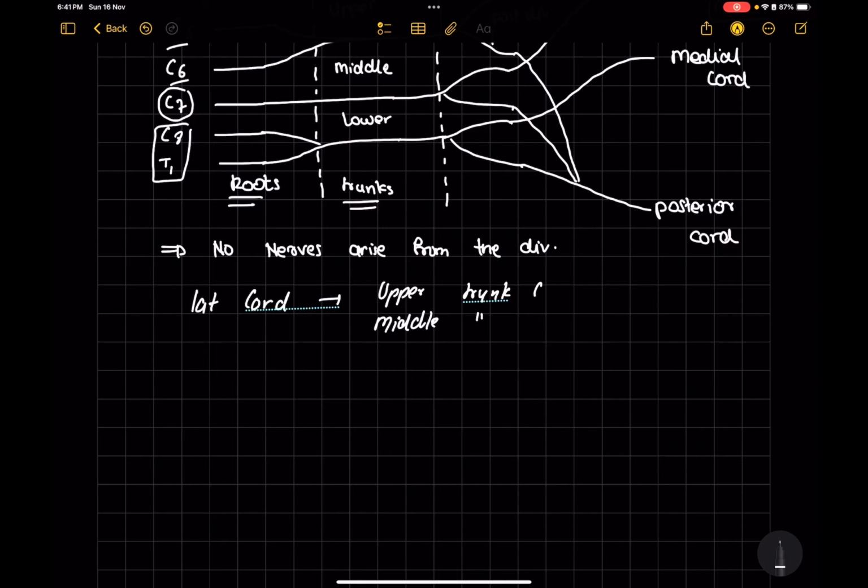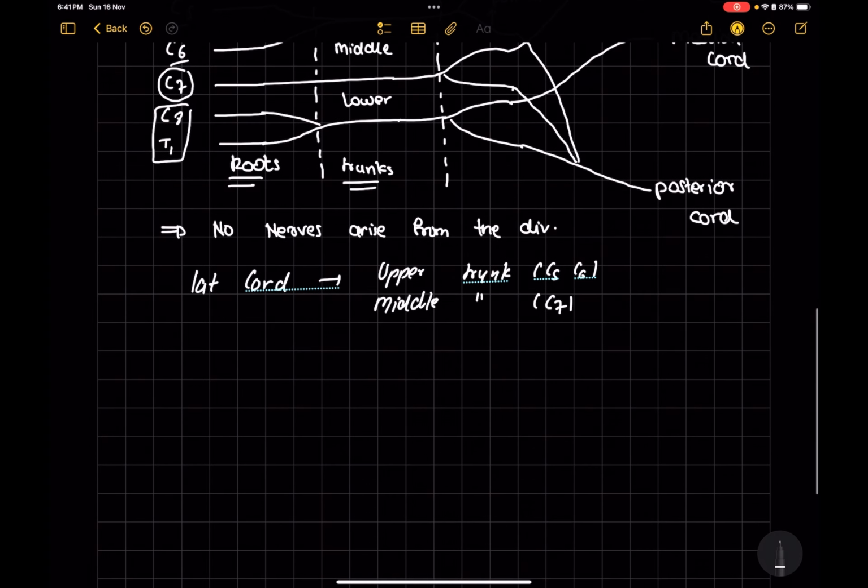Now upper trunk is C5 and C6 and middle trunk is C7. Then yes, the root values of lateral cord would be C5, C6, C7.